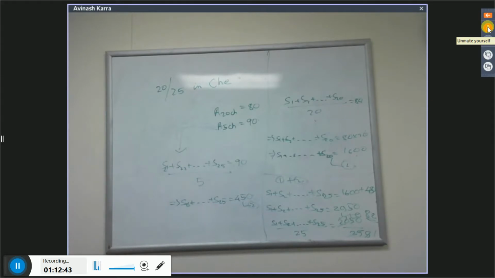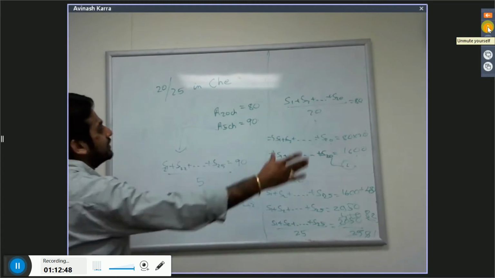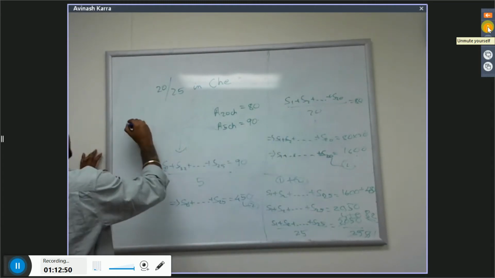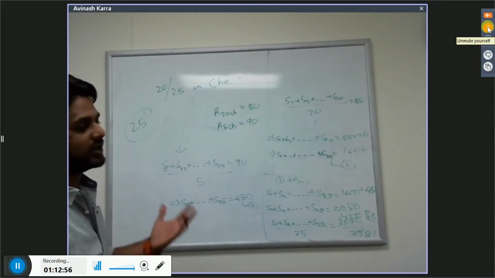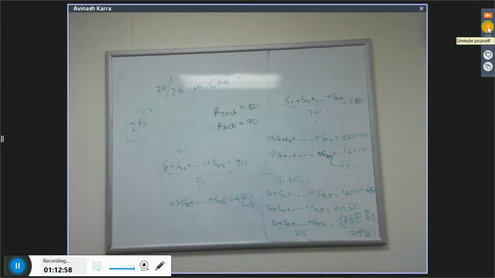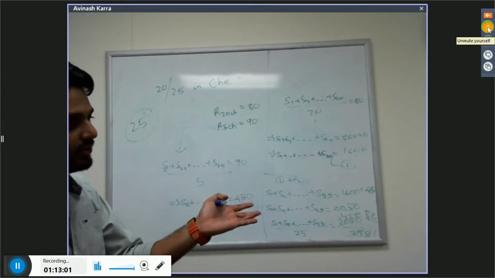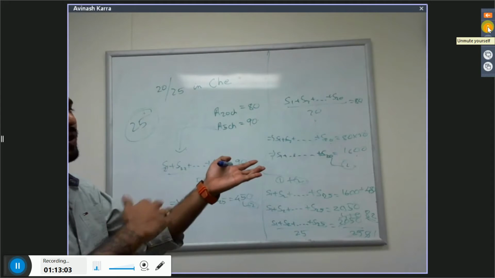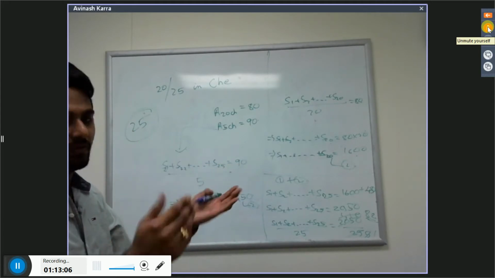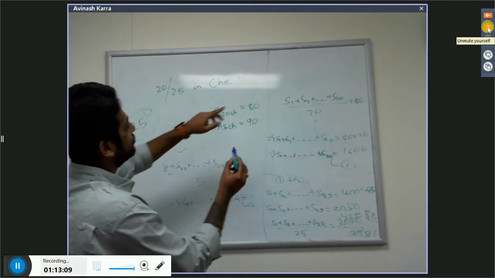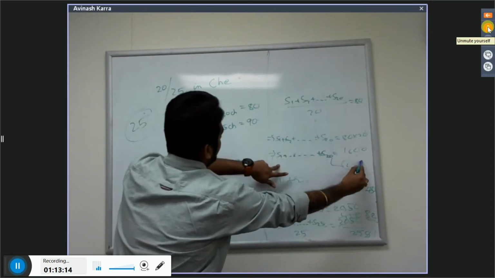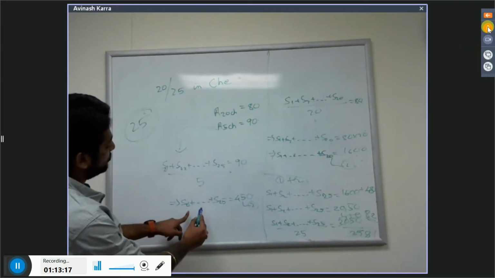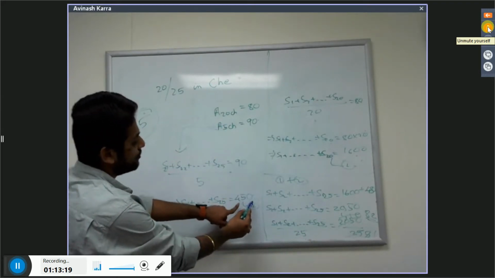And what he is asking is the average of the whole class. Whole class means these students and these students, total 25 students. Now to find the average of 25 students, what do we need to do? We need to add all the scores of 25 students by the number of values. I know S1 to S20 is equal to 1600, and S21 to S25 is 450.